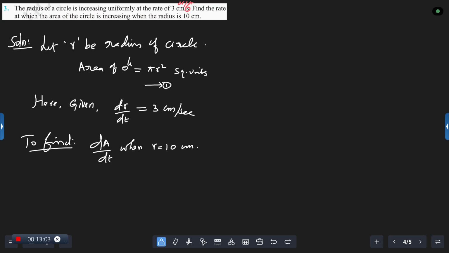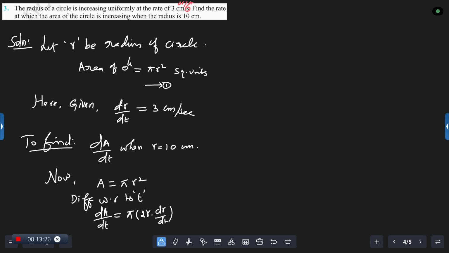Yes. Now finally A equal to pi r square. Differentiate with respect to t. That is dA by dt equal to pi into 2r into dr by dt.